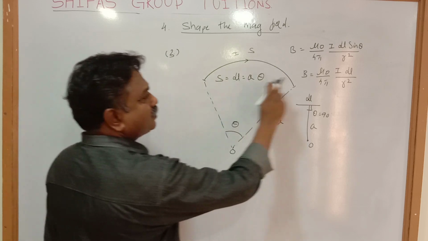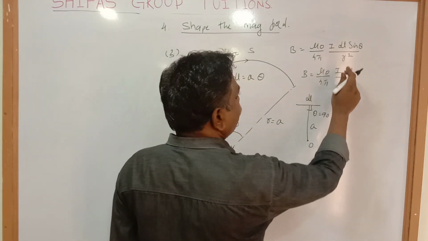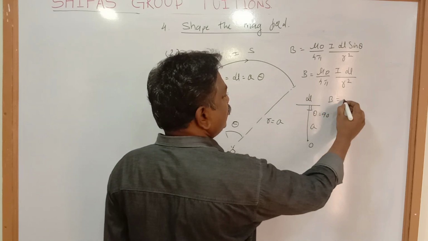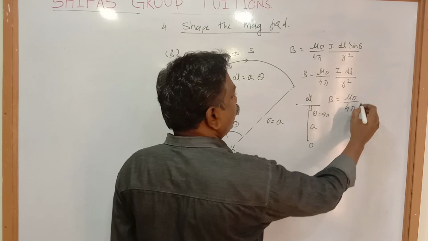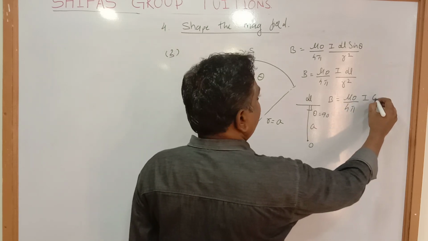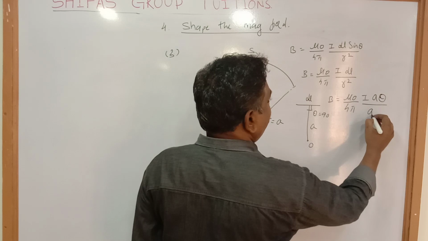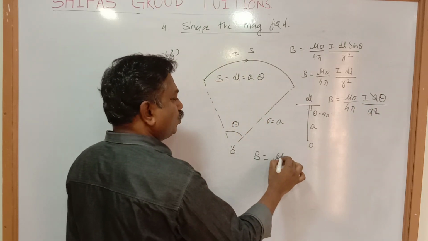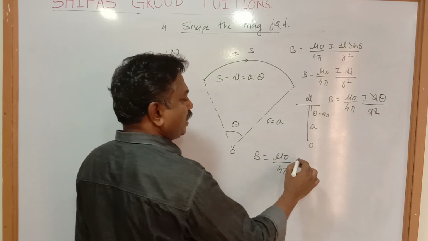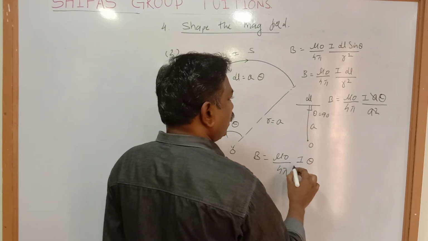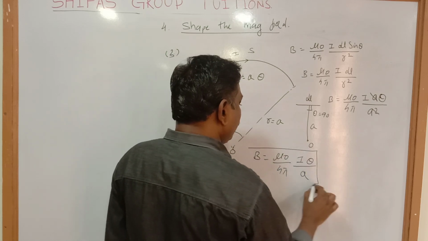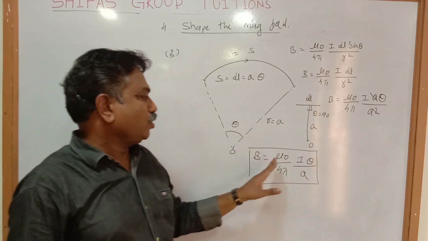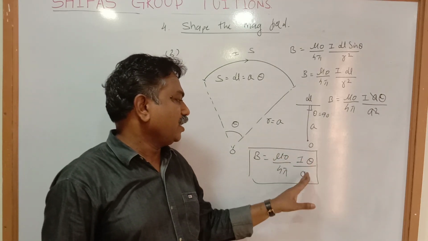If I substitute in this formula, with r also equal to A, the formula becomes B equals mu naught upon 4 pi, I A theta upon A square. So one A will get cancelled and I would be left with B equals mu naught upon 4 pi, I theta upon A. So whenever we look at a shape like this, part of a circle, B is equal to mu naught upon 4 pi, I theta upon A.